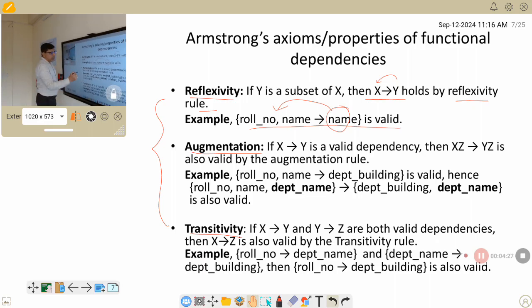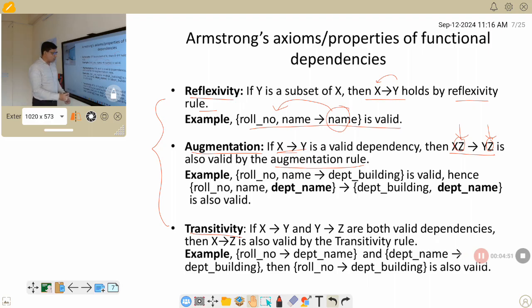Next is the augmentation. If the functional dependency X arrow Y is valid, then we can augment it like that. That is, Z is added on both sides, the left hand side and the right hand side, and this will also be true and valid. This is called the augmentation rule.